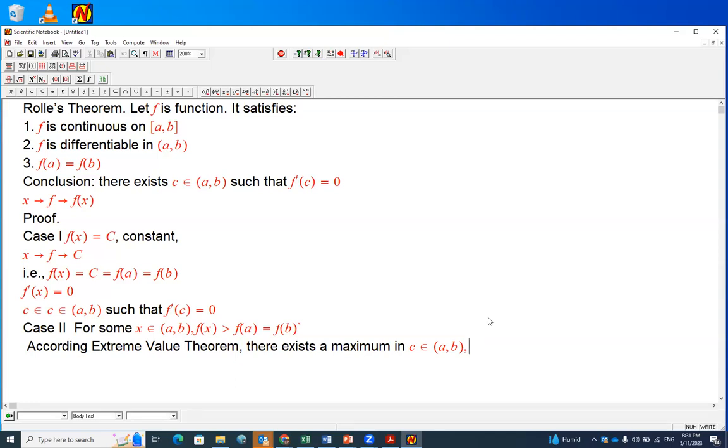Could this number not exist? Well, it's not possible. If that number does not exist, that means it's going to be a constant.